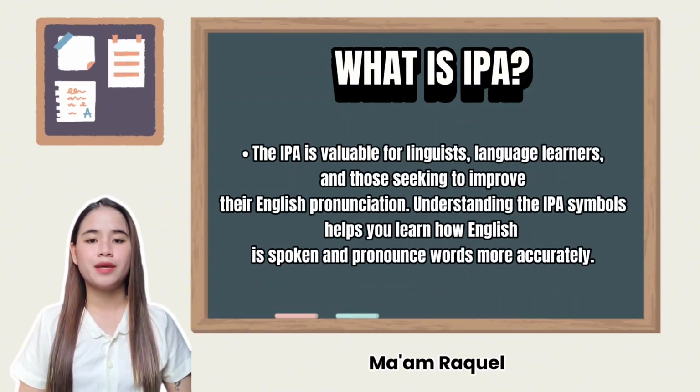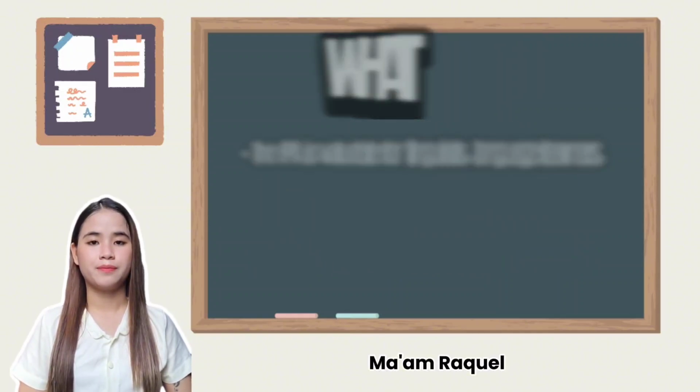This makes the IPA incredibly useful for linguists, language learners, and even those seeking to improve their English pronunciation. By understanding the IPA symbols for English sounds, you can gain a deeper understanding of how the language is spoken and learn to pronounce words more accurately.